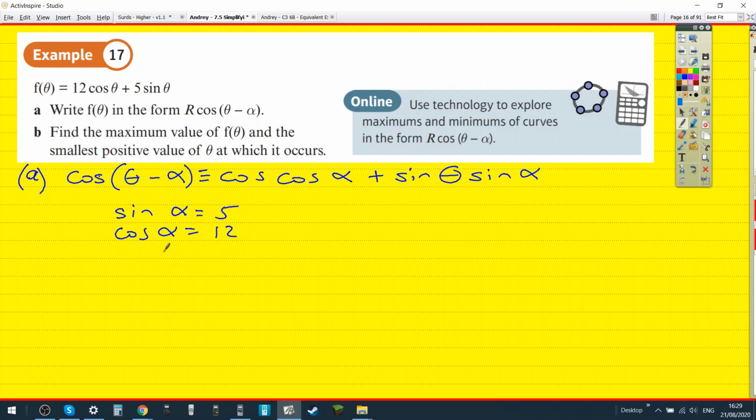And then do tan alpha equals 5 over 12, and then do arctan of 5 over 12. Yep.